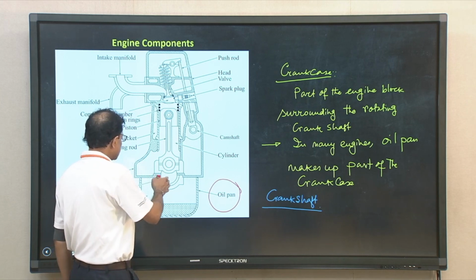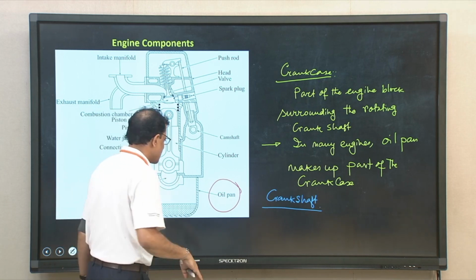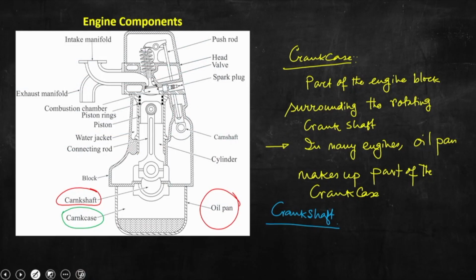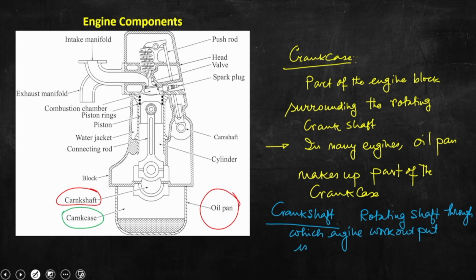So, the crank is mounted on a shaft. So, this is also a rotating shaft through which engine work output is supplied to the external system.